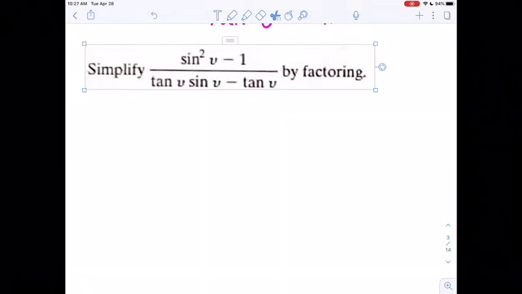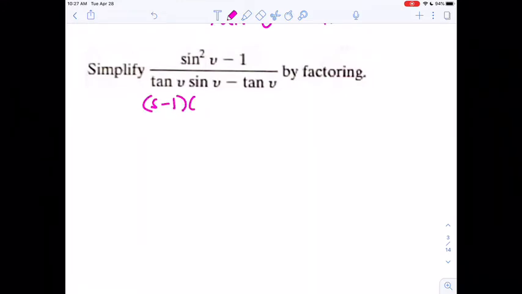For question D, it asks us to simplify an expression that has sine squared of v minus 1, which you'll notice is a difference of squares. So what we're going to do is factor the top and then see what we can do to factor the bottom. So factoring the top, we get sine minus 1 times sine plus 1, difference of squares, over, you'll notice that tangent is in both terms on the bottom, so that's the GCF.